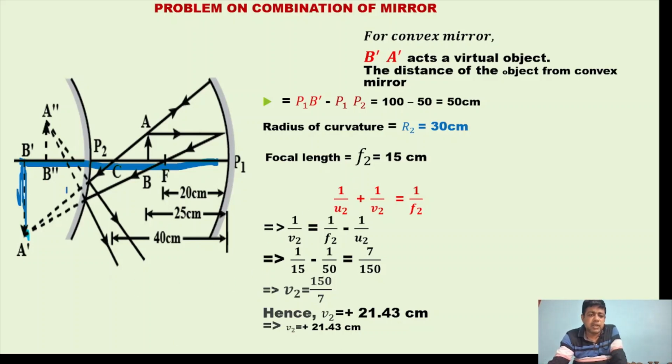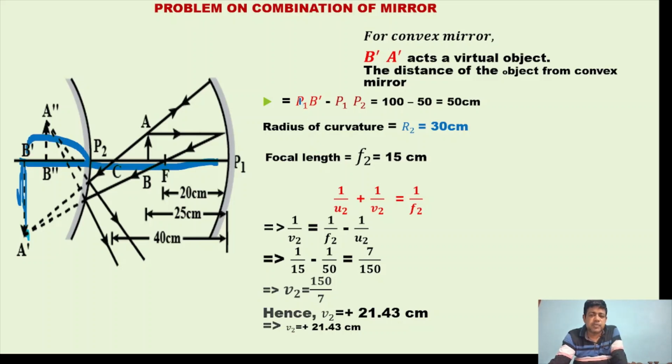Now see, this image A dash B dash is the object for the convex mirror, situated at a distance P2 B dash. What is P2 B dash?